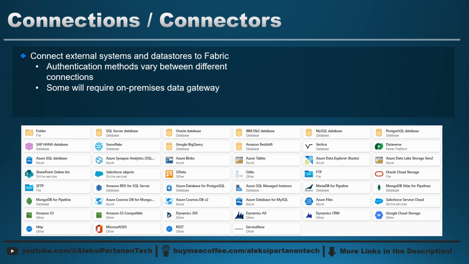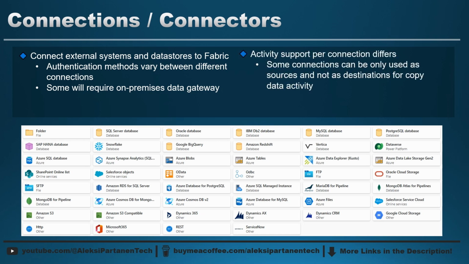A good thing to point out is not all the activities are supported for each connection. For example, some connections can be only used as a source, and you can only copy data from there to Fabric, but not the other way around. Also, other activity support varies quite a bit. For example, some external database connections support running stored procedures using stored procedure activity and some not.